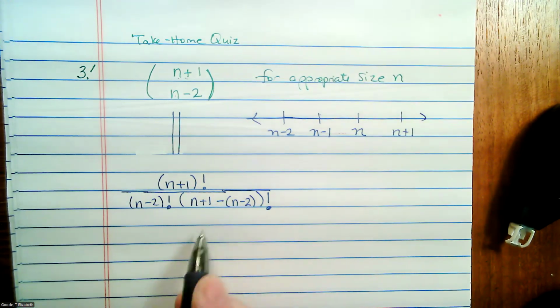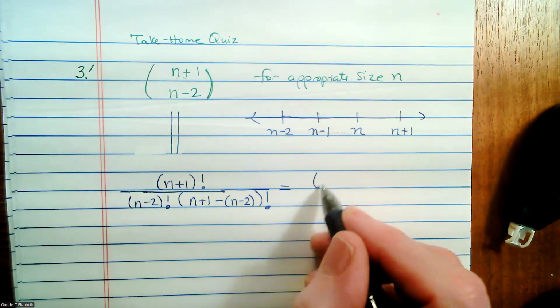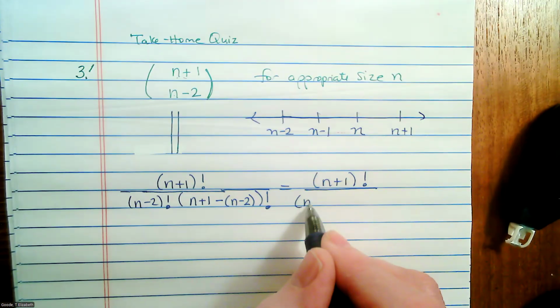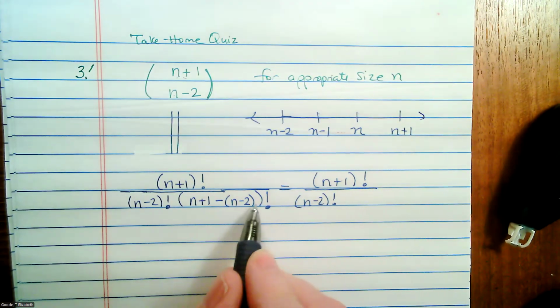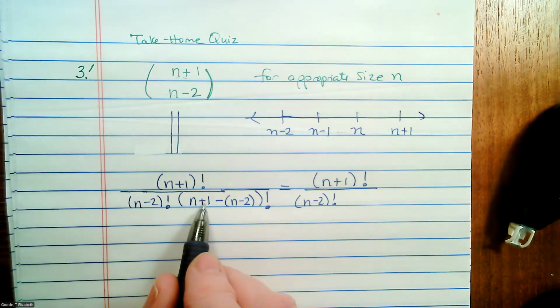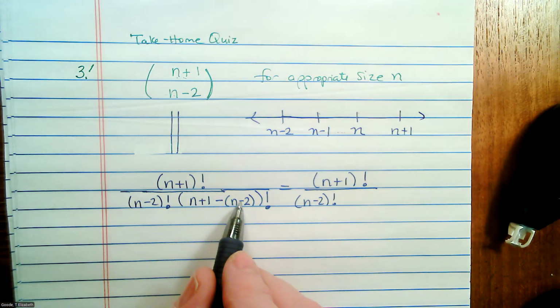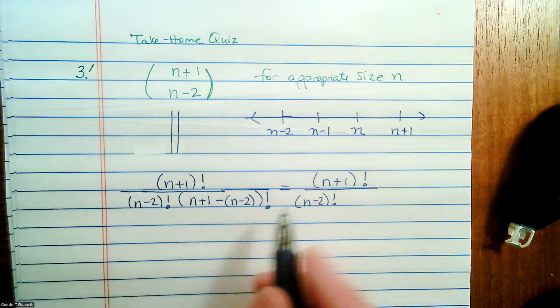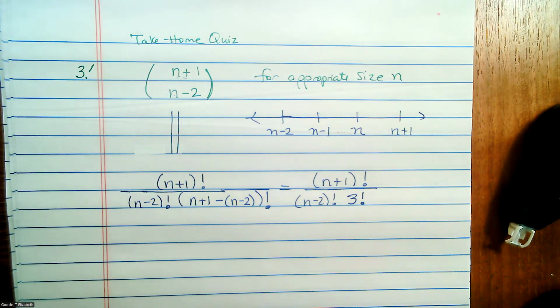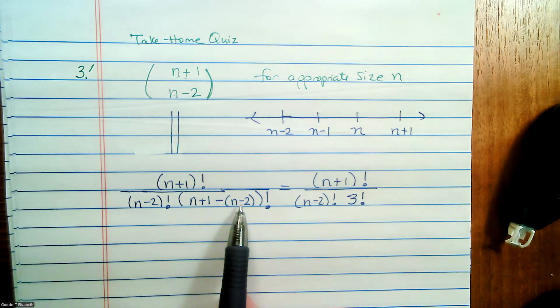You have to be a little careful. N minus n is certainly going to go away, but 1 minus a negative 2 is actually 3.